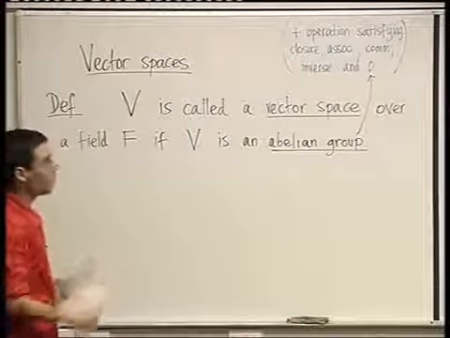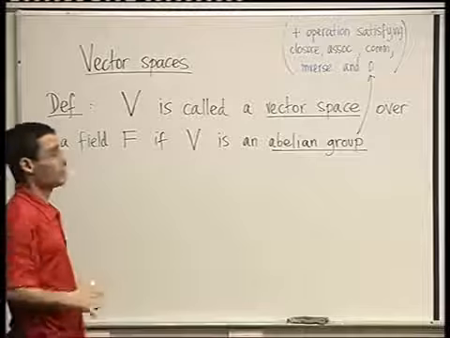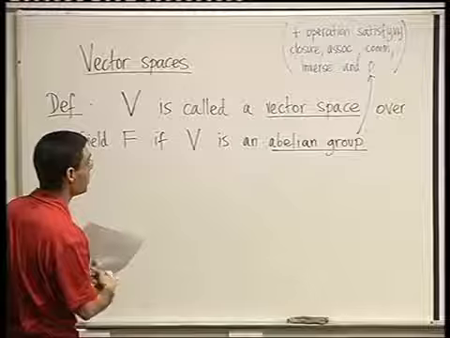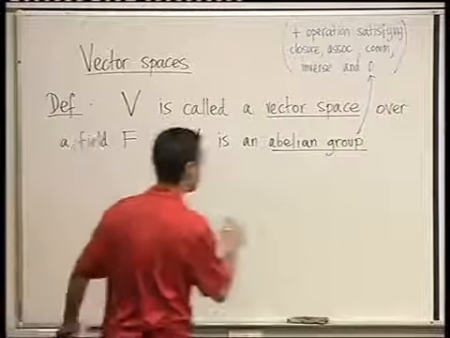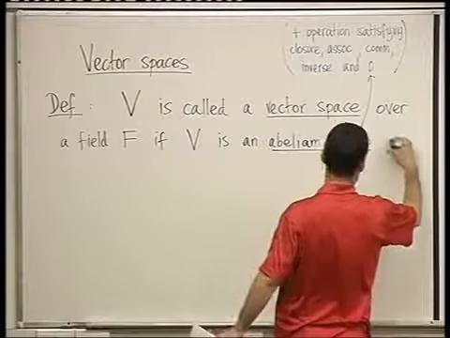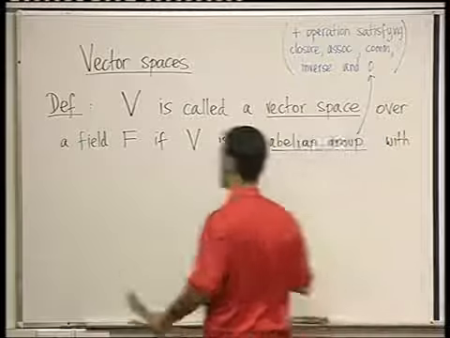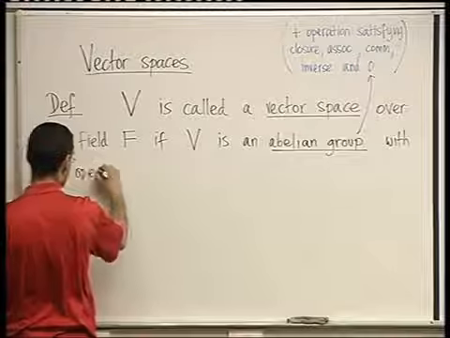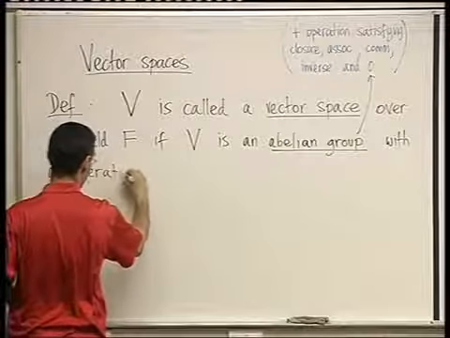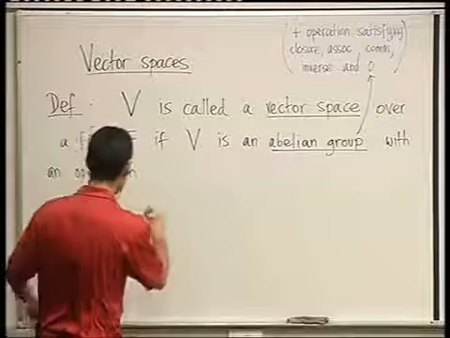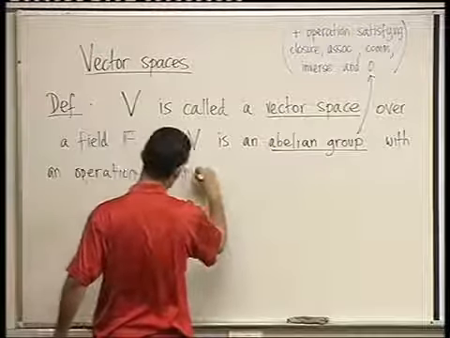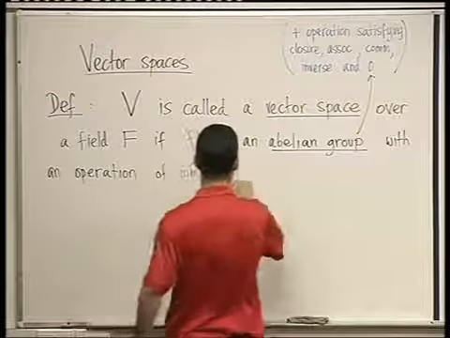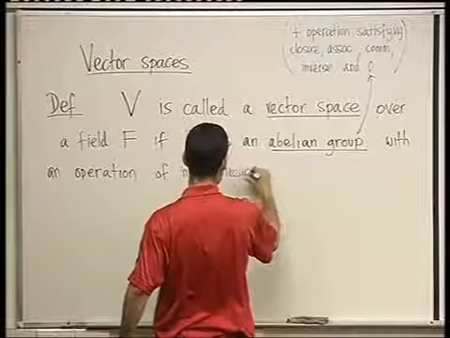Okay, it's really properties 1, 3, 4, 5, and 6 that we saw in Rn. Okay, so it's an abelian group with an additional operation, an operation of multiplication.